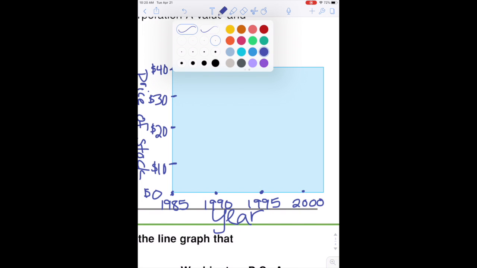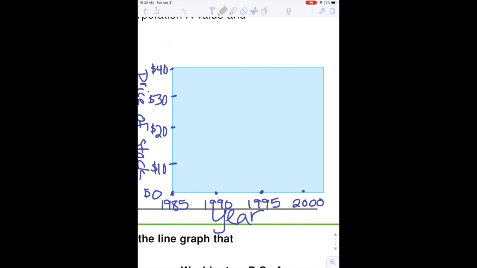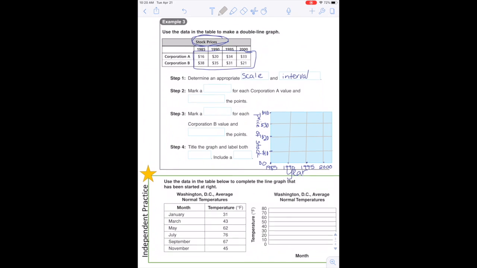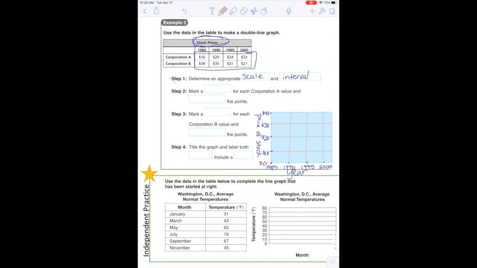All right, our last step, I like to use this light gray, is to make our lines nice and straight. All right, we got our scale and our interval done.